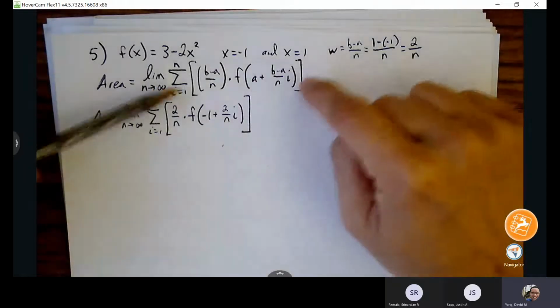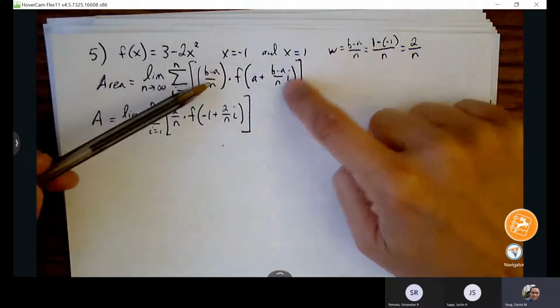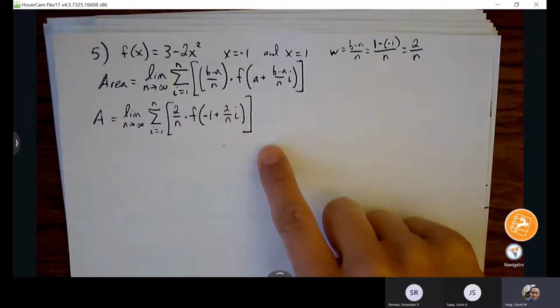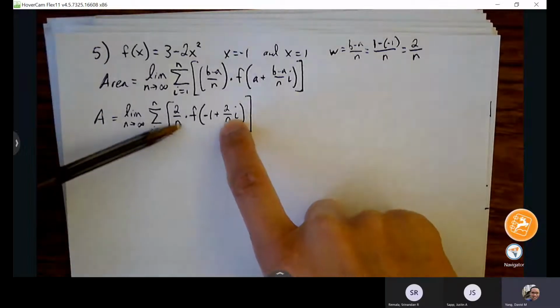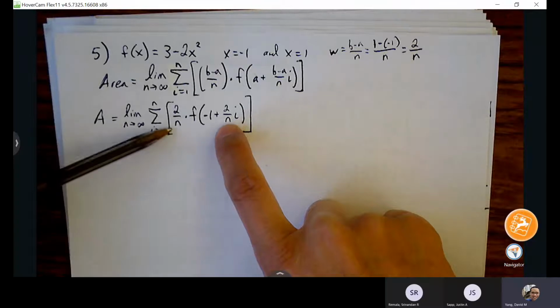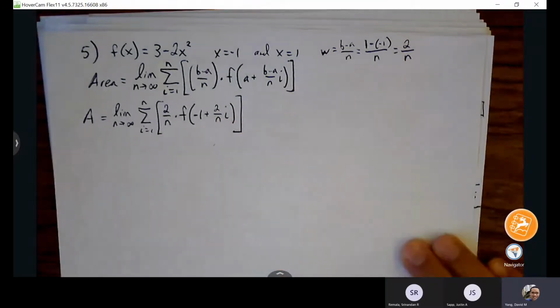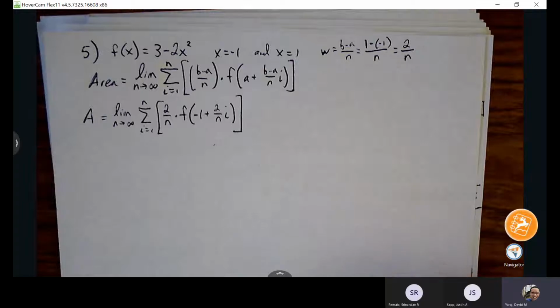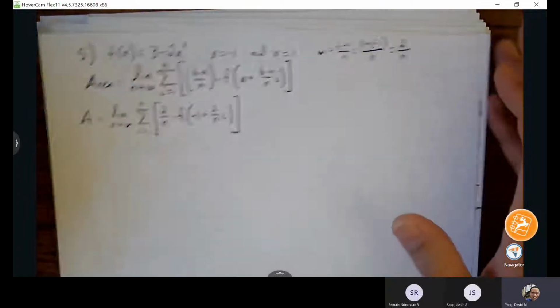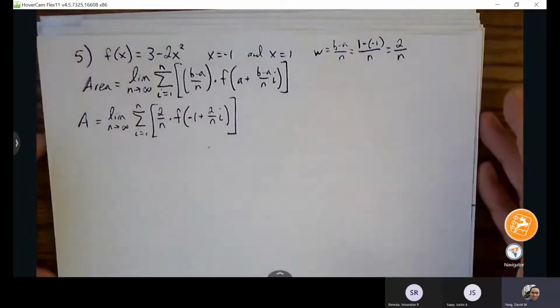We're just rewriting the formula and inserting -1 and 1 wherever a and b show up. We're leaving n alone because we eventually want to push n out to infinity. We don't want n to be just an approximation. We want there to be enough rectangles to produce an exact area.